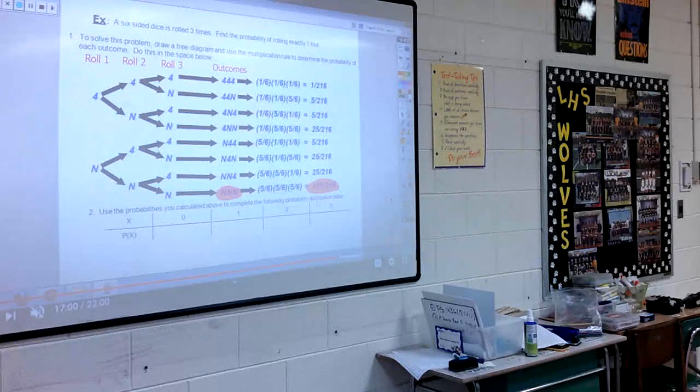But remember, in the problem, we're trying to determine the probability of each outcome, and then the probability of rolling exactly one 4 there.